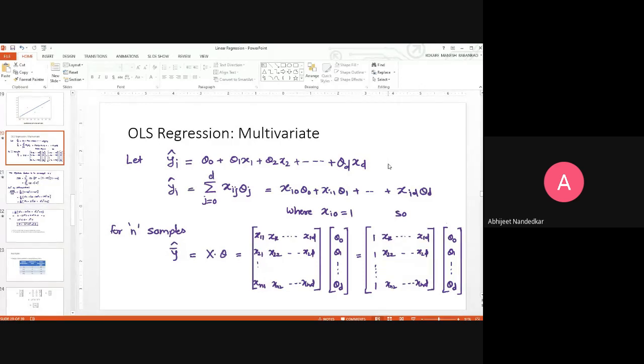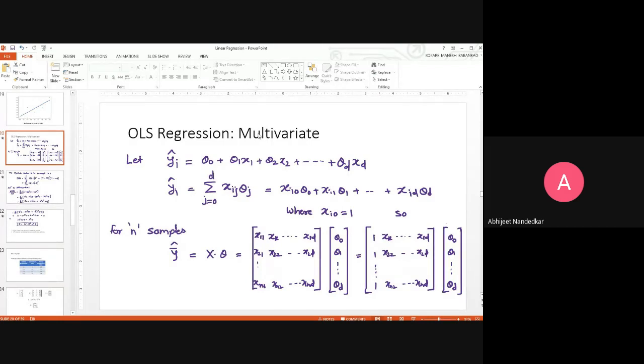I repeat that in the last class what we saw was a simple linear model with only one input variable. Now I am having many input variables, x1, x2 up to xd. D can be any number. In that case, we will be fitting a plane or a hyperplane instead of a simple line.